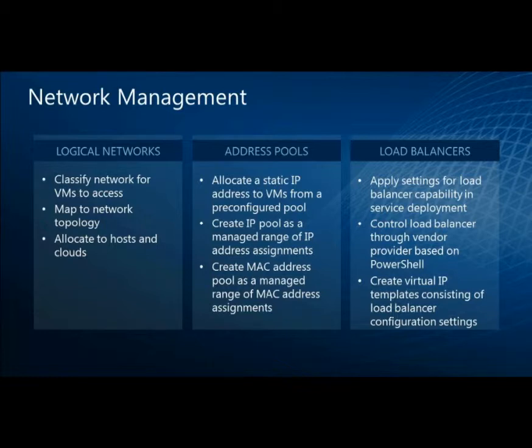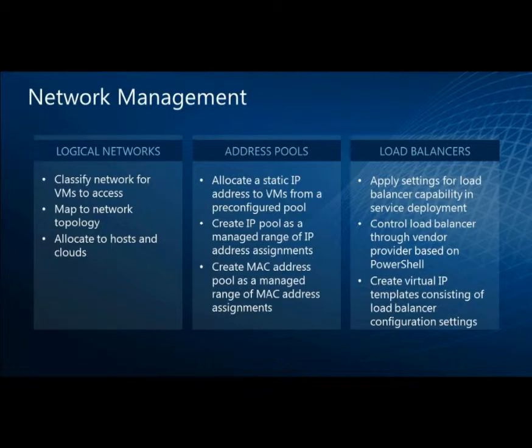We're able to create these things called address pools. We can do it for IP addresses and for MAC addresses. We can create these IP address pools so that we can allocate static IPs to VMs or hosts without having to physically type in what IP address we're going to use. It'll just take it from a pool of resources, but create a static IP on the VM. Then we'll also manage and connect with load balancers.